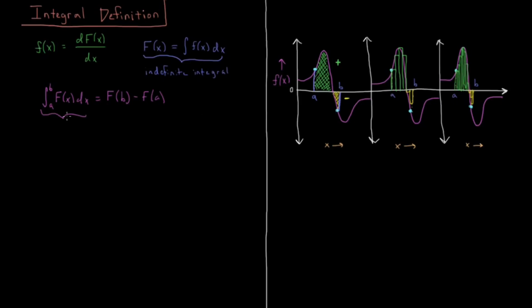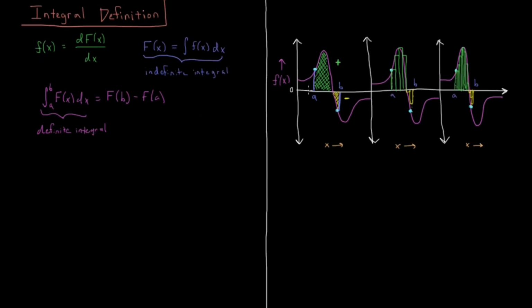And this is called a definite integral. So an indefinite integral goes under unspecified ranges, so it's integrating the whole function, and a definite integral is integrating over specific bounds and evaluating the integral function there at two specific points.